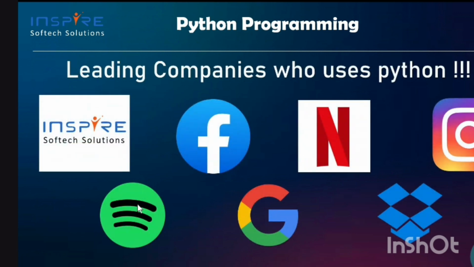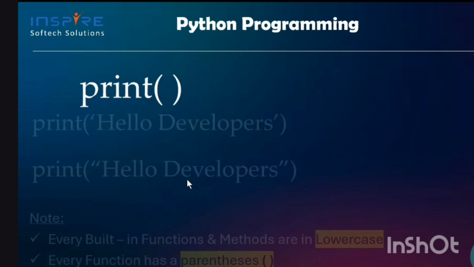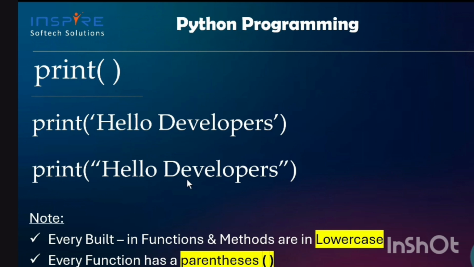Nowadays we have a lot of leading companies who are all using Python, like Facebook, Google, Netflix, Instagram, Telegram. Okay, next we can see the functions, how this is processing. We have the print function, print and open parenthesis and closing parenthesis. So how are we printing?